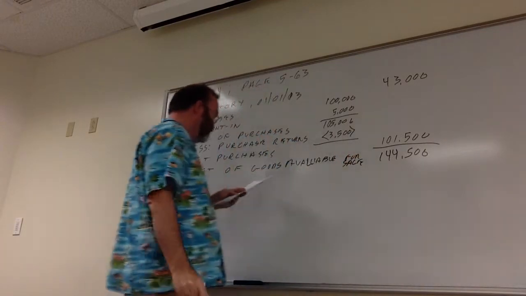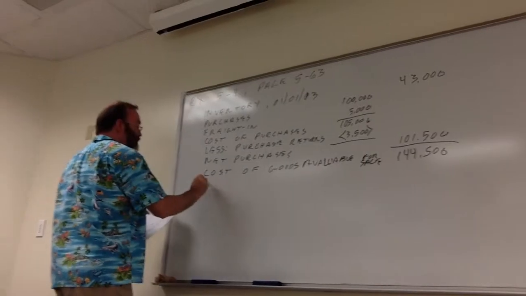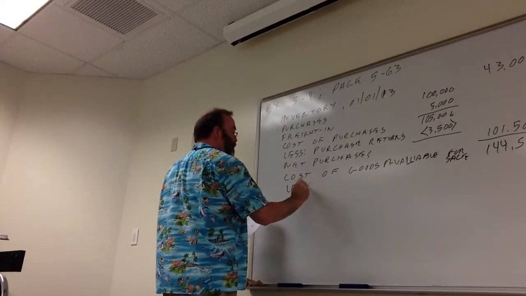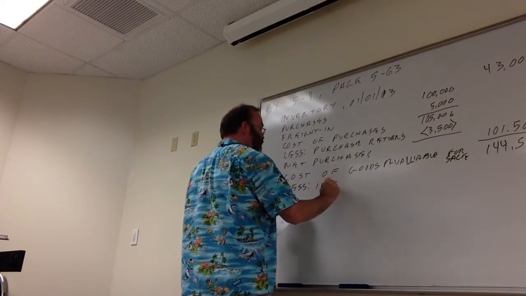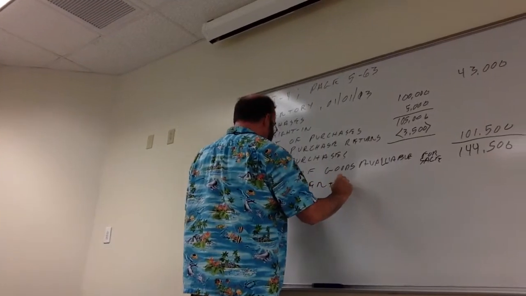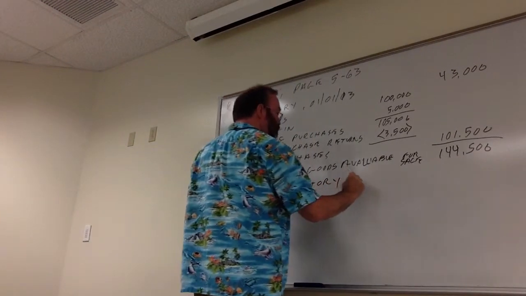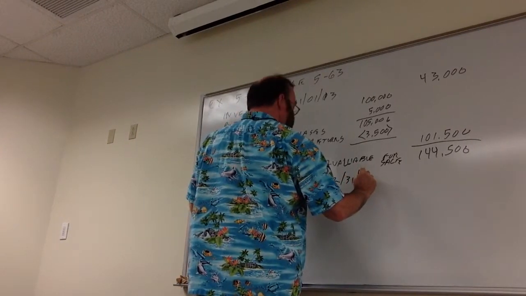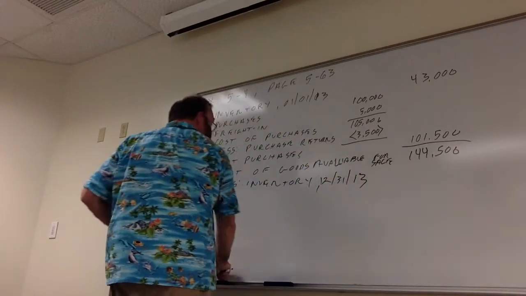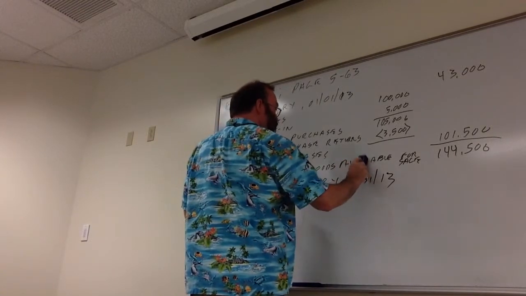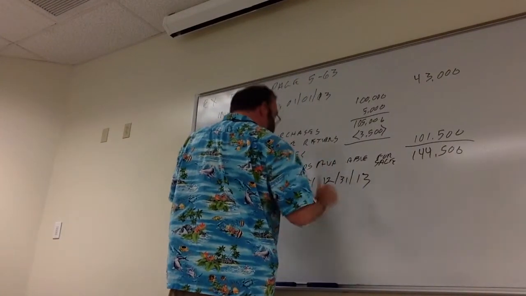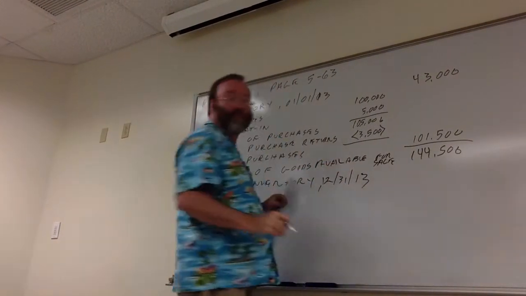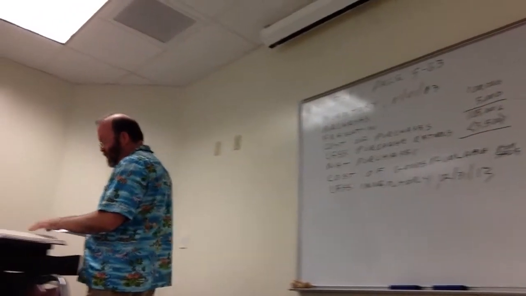Available for sale. Then you just subtract the ending inventory. Yep, it says in the problem, it says that it's additional data number 1.